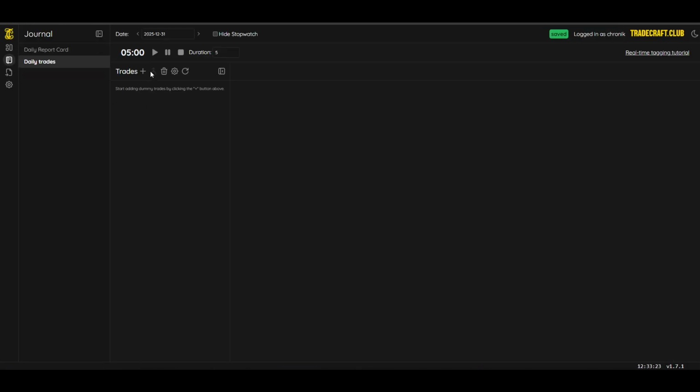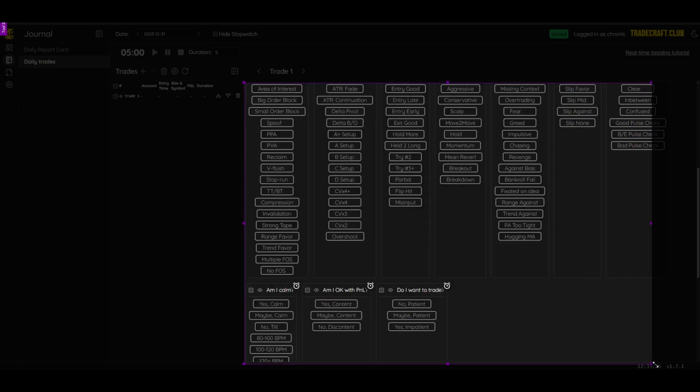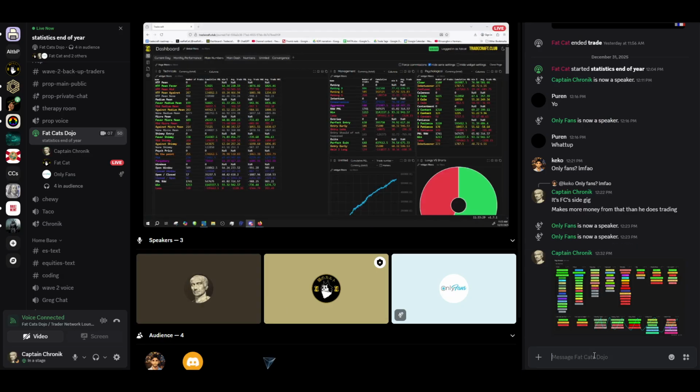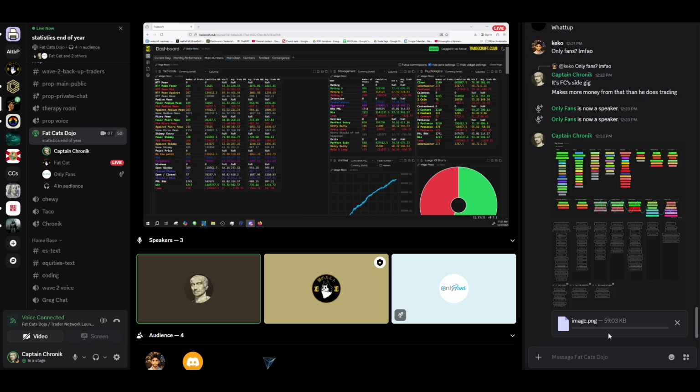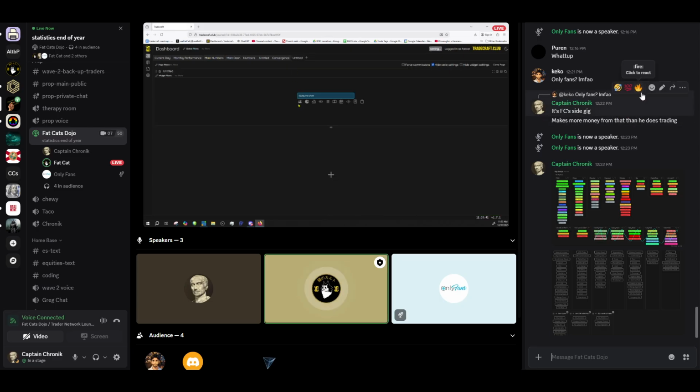This is what my per trade checklist looks like. When I'm tagging trades, these are the only ones that I see. So the best thing to do is, I'll show you how.